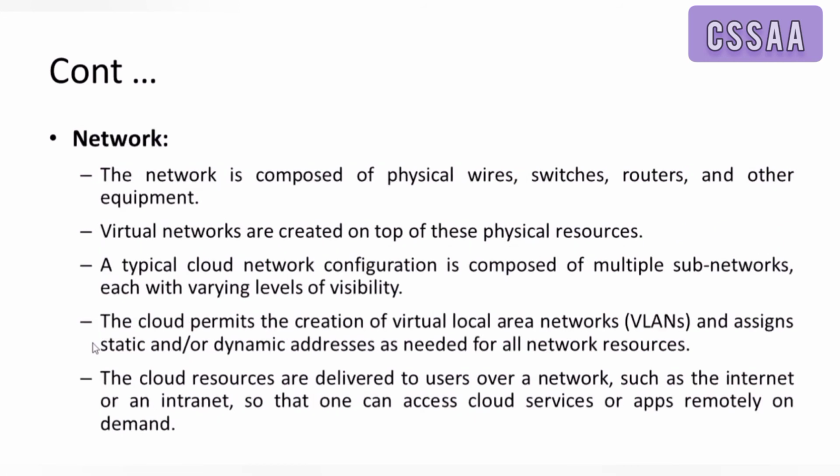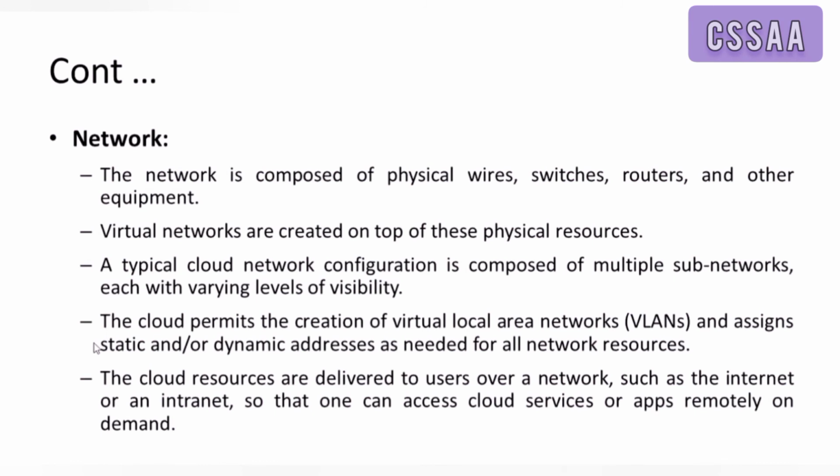And finally, the network. The network is composed of physical wires, switches, routers, and other equipment. Virtual networks are created on top of physical resources. A typical cloud network configuration is composed of multiple subnetworks, each with varying levels of visibility.